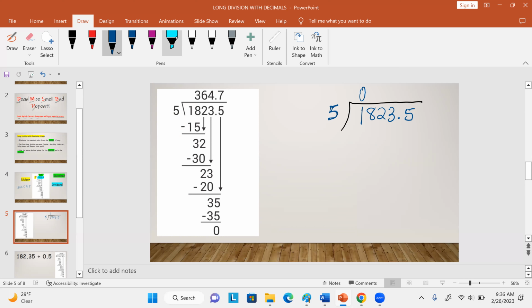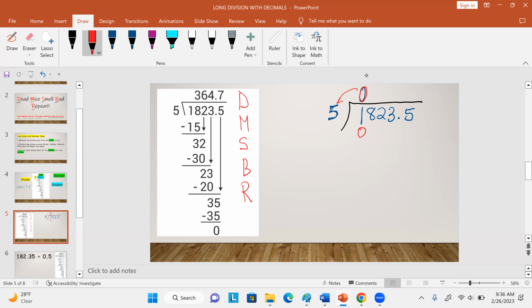After you check how many times the divisor goes into the first digit of the dividend, the next step is the multiplication. Let's write the acronym again: division, multiplication, subtraction, we bring it down, and we repeat the process. We have 0 because 5 goes into 1 0 times. The multiplication is 0 times 5, which is 0.